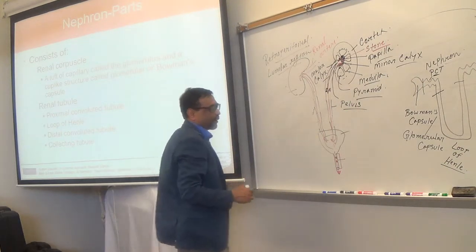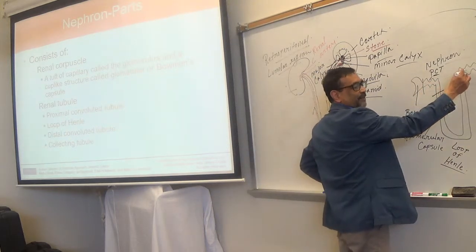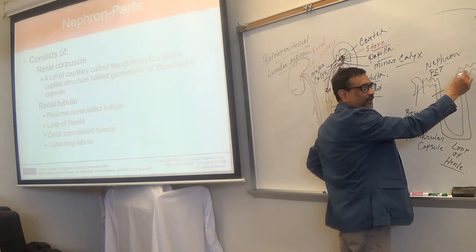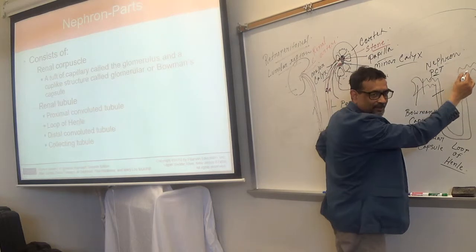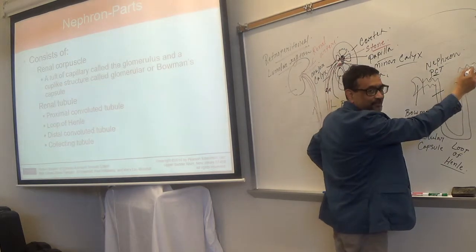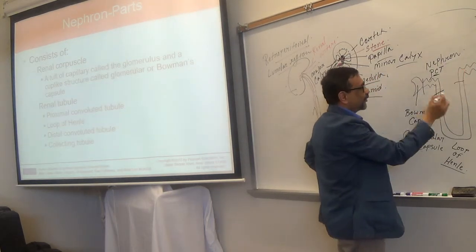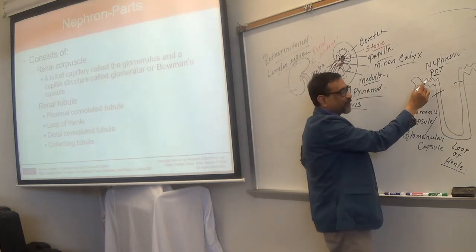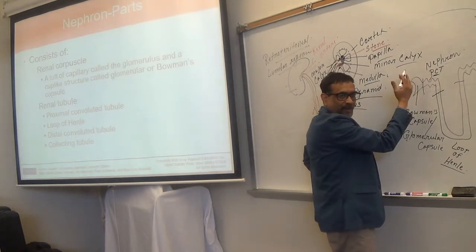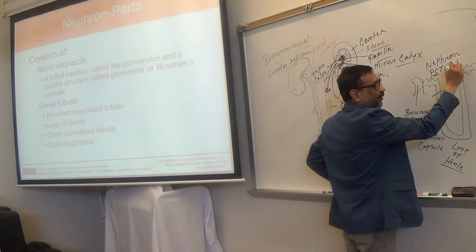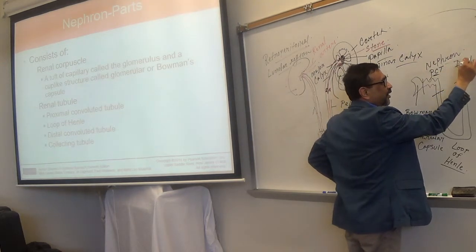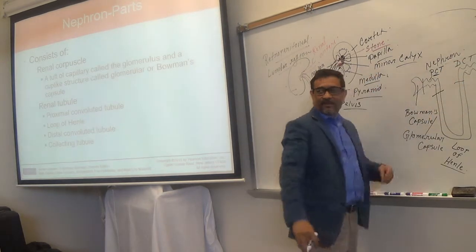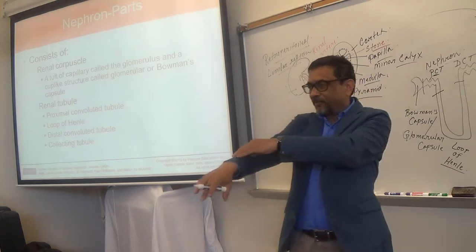And then this part, is it straight or convoluted? It's convoluted, right? So this is the proximal convoluted, the early part. This should be what? Distal convoluted tubule. Look at me.